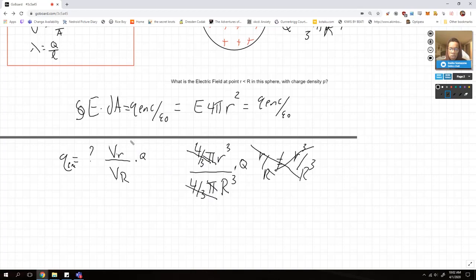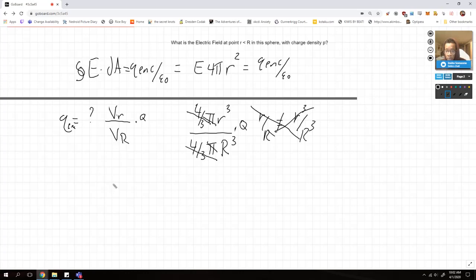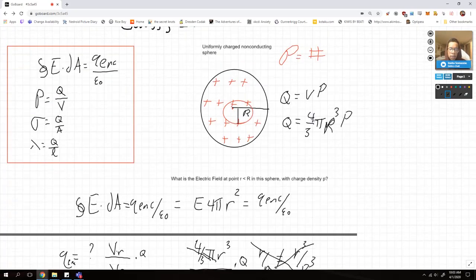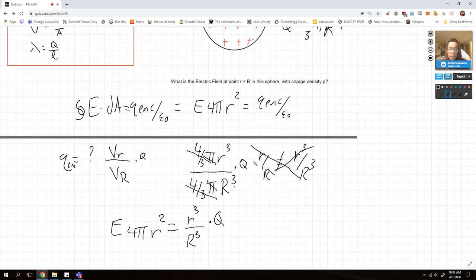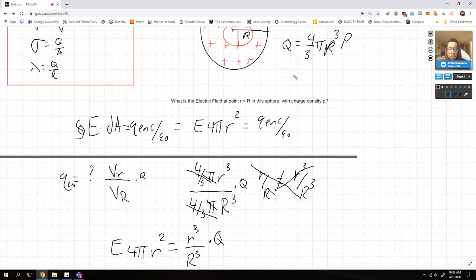So now I can plug Q enclosed into my Gauss's law equation. I'm going to get E times 4 pi little r squared equals r cubed over big R cubed times the charge that I solved for, Q. You could plug in 4/3 pi big R cubed times rho if you wanted to, but I will just plug in Q here.